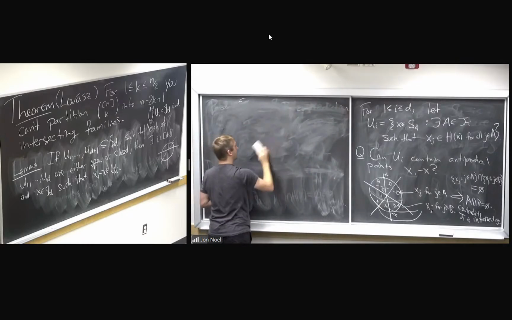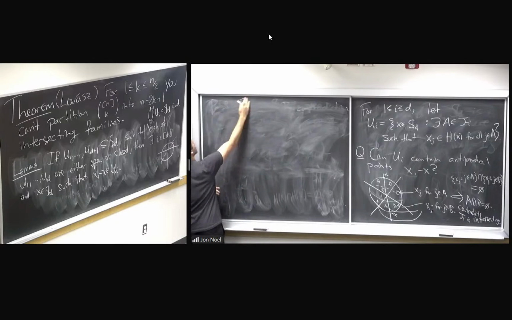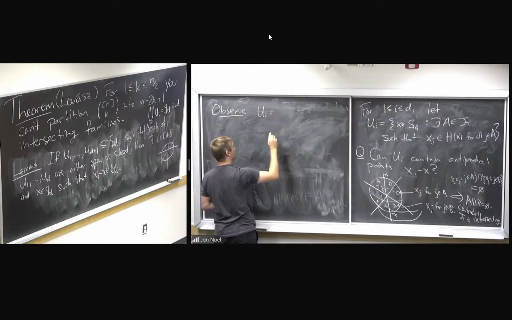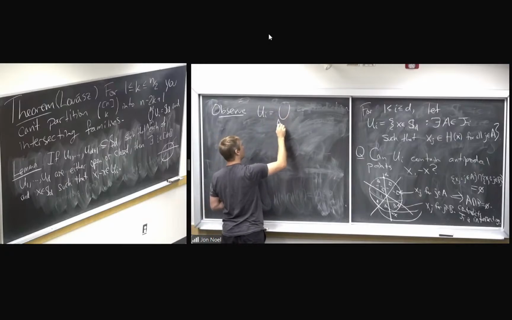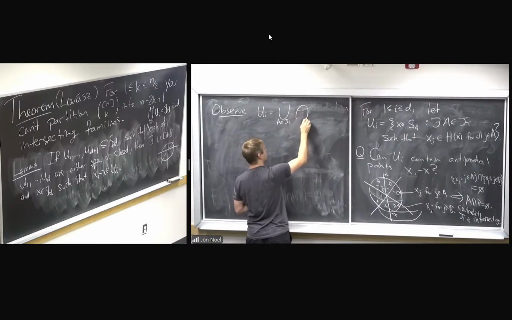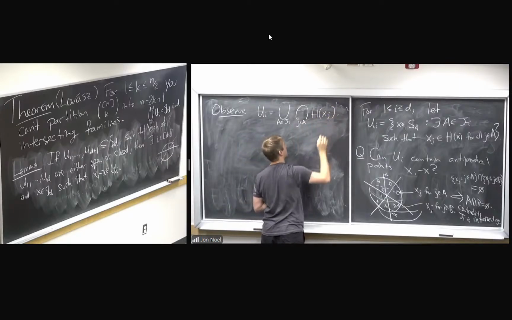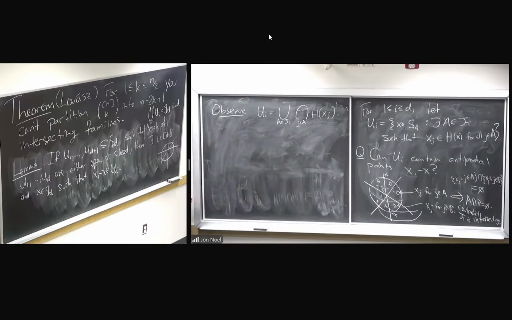Now a key thing to observe is that Ui is equal to a union over all A in Fi of an intersection over j in A of H of xj. H of xj is, remember, the hemisphere centered at xj.